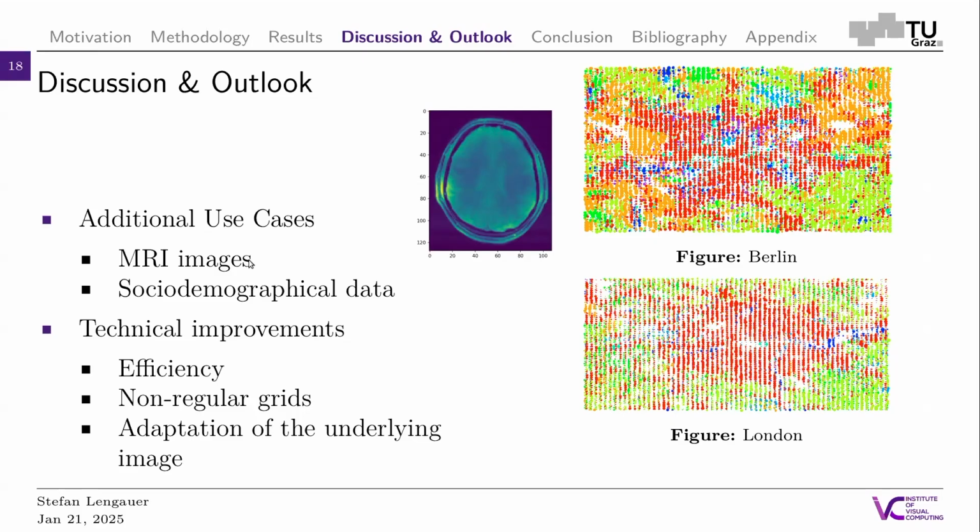For some use cases, we also want to overhaul our methodology to adapt it for non-regular grids, which is now a limitation because we have this static variance in our Gaussian kernels. Yet another idea is to modify the underlying image, like making it more transparent in homogeneous areas and vice versa. These are just a few examples for future directions.